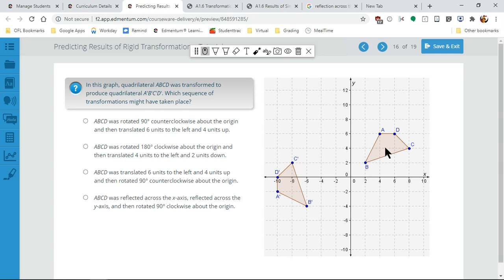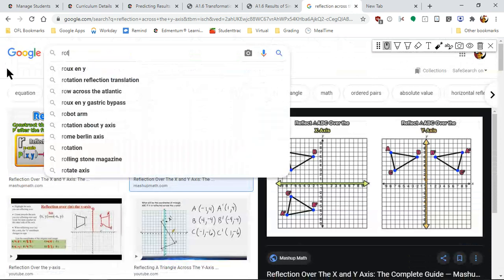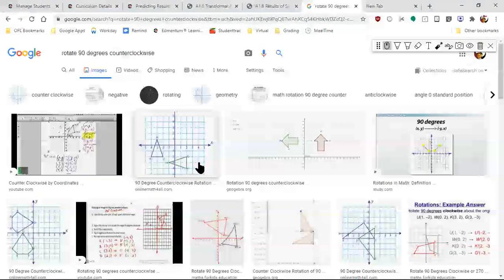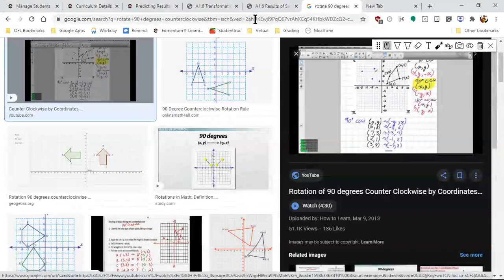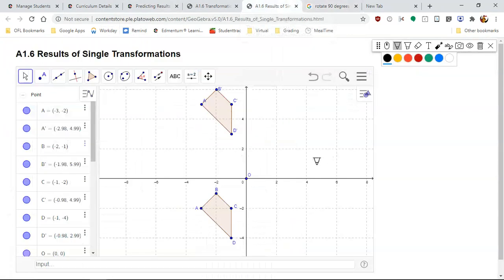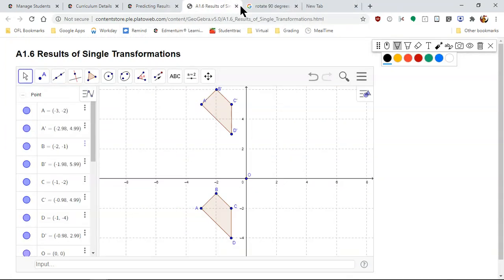Let's think about it if I rotated 90. What's the rule for rotating 90 degrees? We were learning about counterclockwise, so we're looking at rotating counterclockwise. The rule for rotating 90 degrees, again, I don't have them written down: our x and y flip, and the new x turns negative.